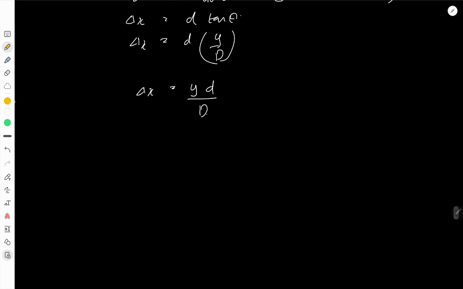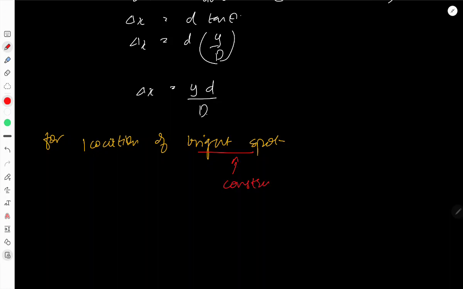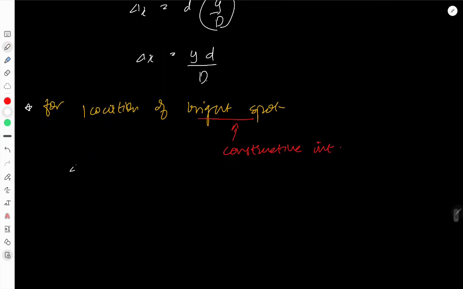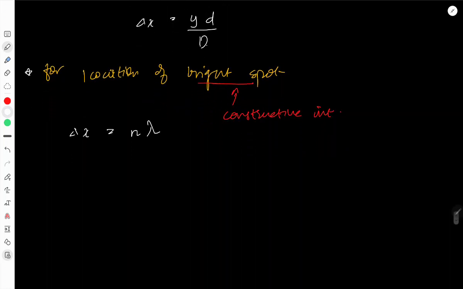So as not to get confused with dy for differentiation, I am writing yd upon D. So for the location of a bright spot, what does a bright spot mean? It means constructive interference. So for constructive interference, the path difference must be an integral multiple of lambda, that is yd by D must be equal to n lambda.